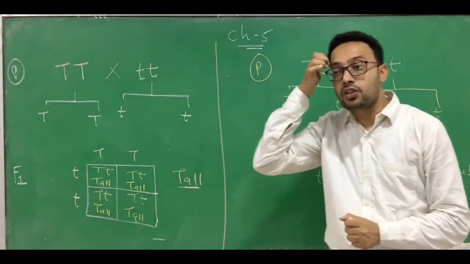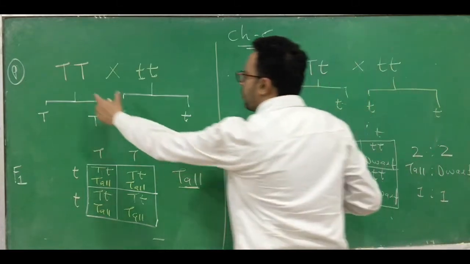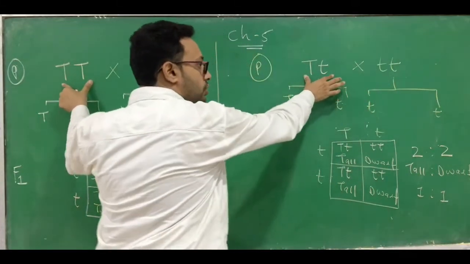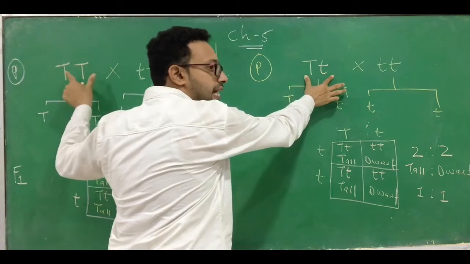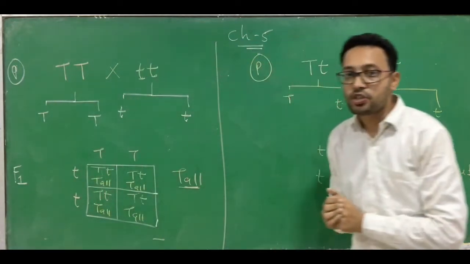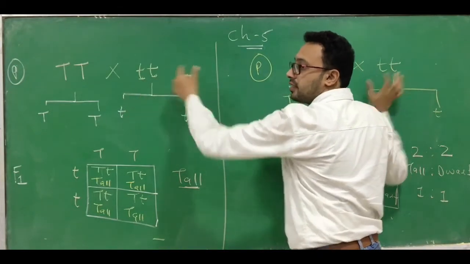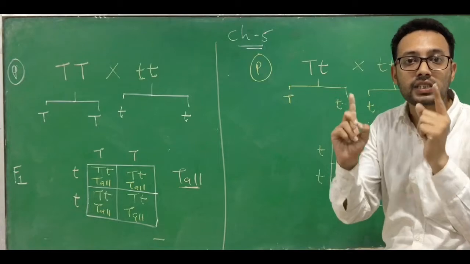So what is a test cross? If you want to determine whether it is a homozygous tall or heterozygous tall, you want to differentiate whether it is capital T capital T or capital T small t. How can you differentiate? You have to cross it with a homozygous recessive plant.